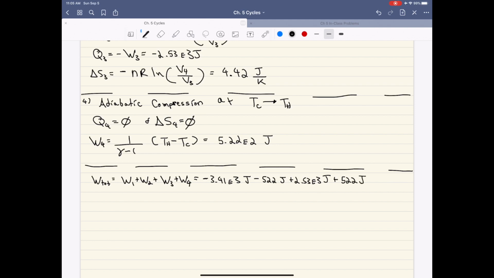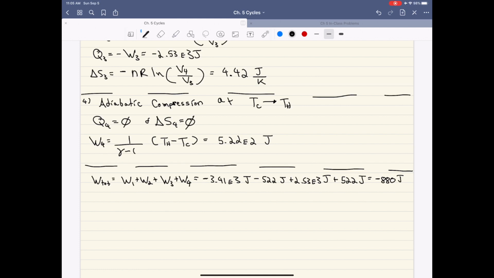You'll notice that for the adiabatic steps, the works are equal in magnitude, so those essentially cancel out. So calculating the total work just comes down to the difference between those isothermal expansion and compression steps. When we add everything up, we get negative 880 joules.